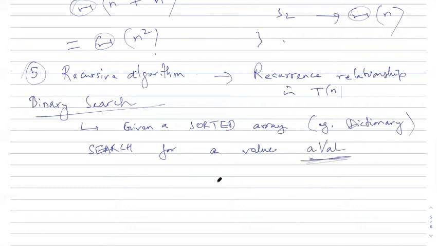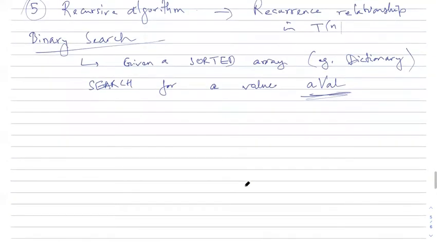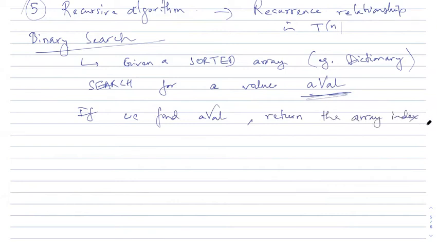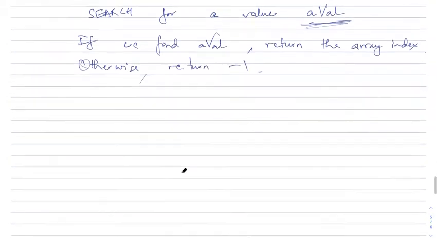This is what you're looking up. If we find a val, then return the array index. Otherwise, return -1, because -1 is not a valid index.